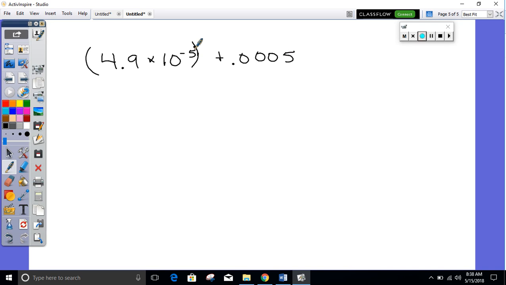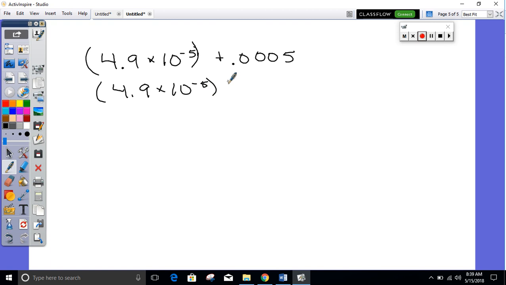When one is in standard form and one is in scientific notation, they both have to be in the same form to add them. So we could convert the number in scientific notation to standard form and then line them up and add them that way, which is actually easier, I think, if we write them both in scientific notation. So I'm going to bring this one down. It's going to stay the same.